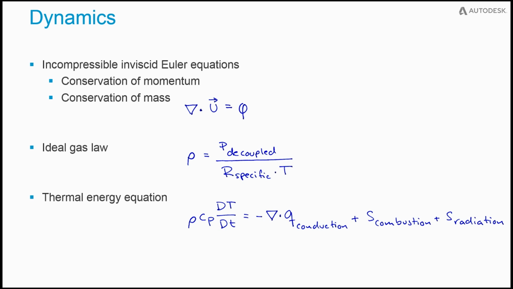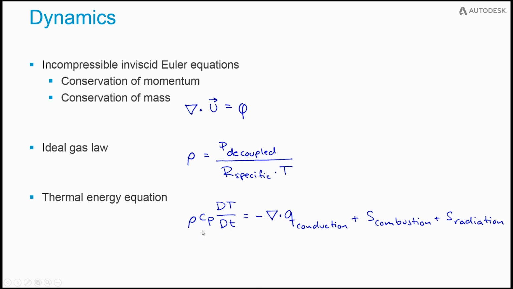So we've thrown away some contributions, which means that we do violate the first law of thermodynamics, but for graphics, we assume that this is okay. We're not really interested in graphics in the energy itself, but rather we're interested in the temperature, because we can use the temperature to render things with a blackbody radiation model, and we can feed it into our buoyancy models and so on.